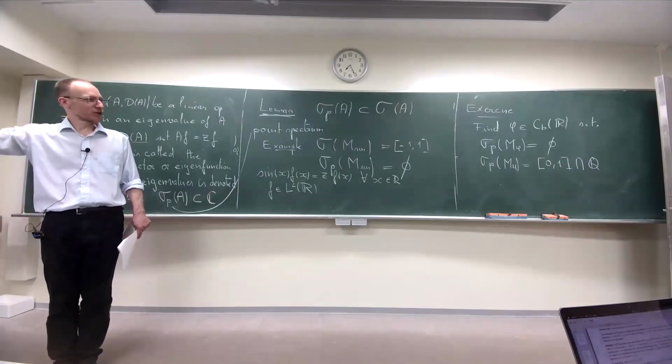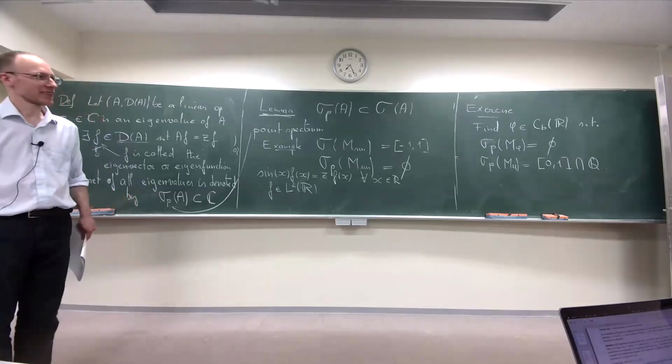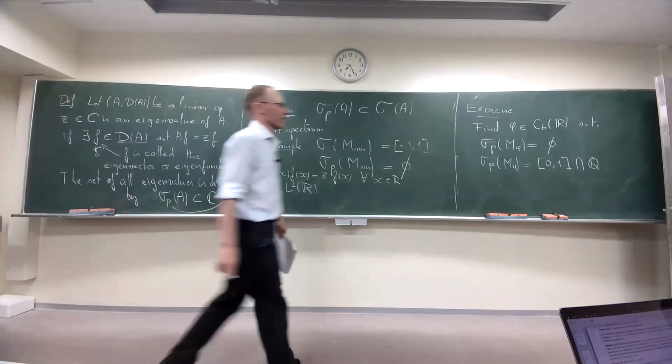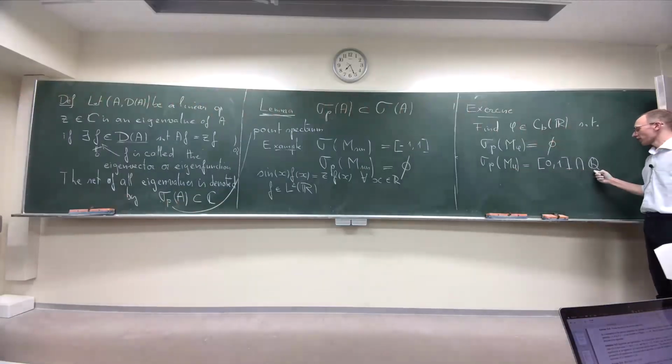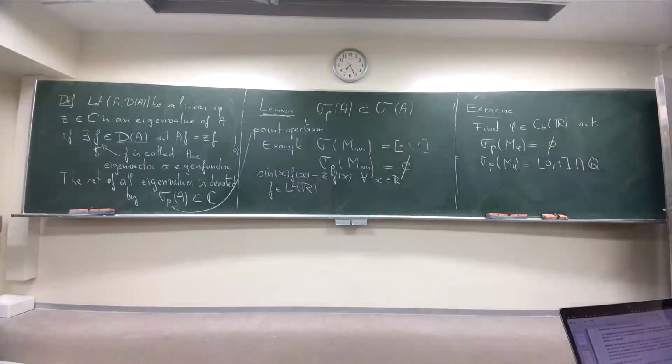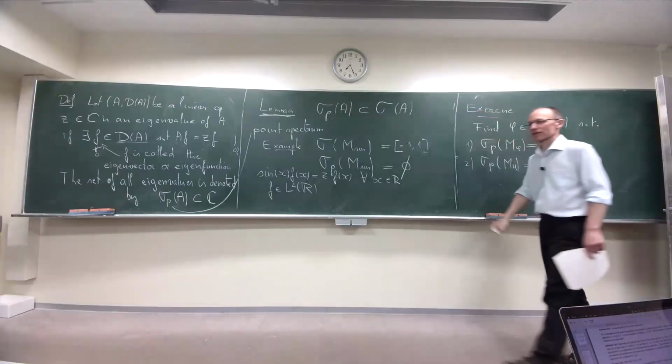Second one shouldn't. No, yes, it makes sense. The point spectrum is all rational numbers between 0 and 1. No, it's okay. Sorry, it's two separate examples.